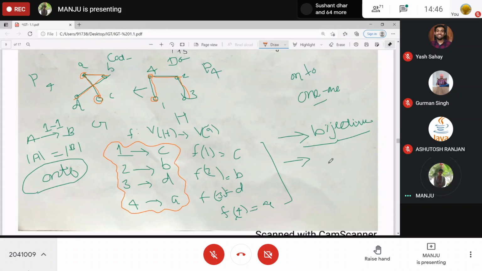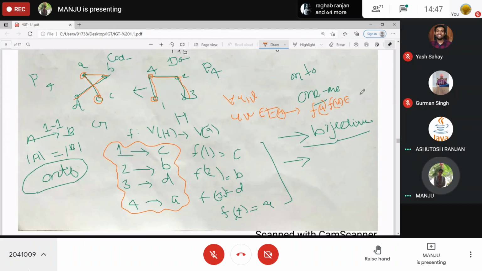Adjacency means for any U and V, elements, the vertices: if U and V are adjacent in H, in the first graph, that is, this belongs to the E set of H, then f(U) and f(V) should be adjacent in which graph?